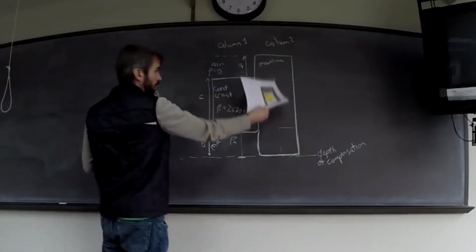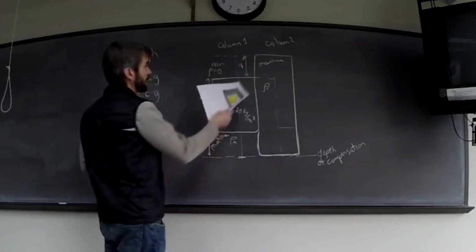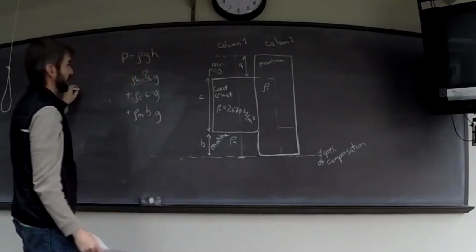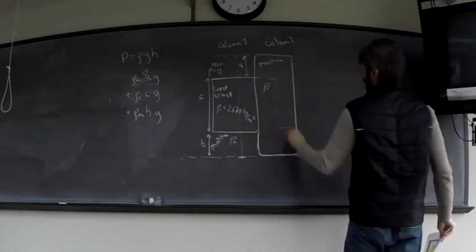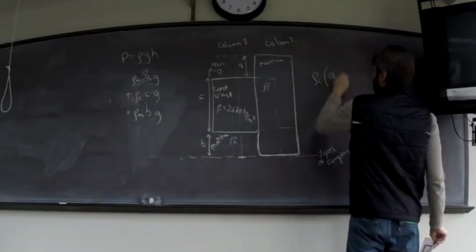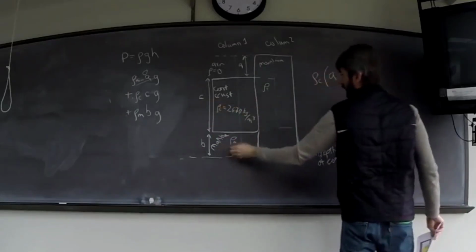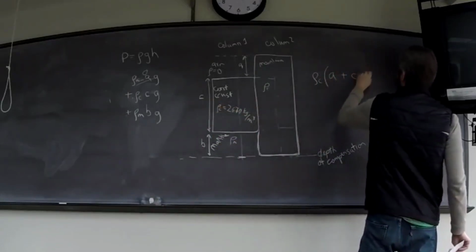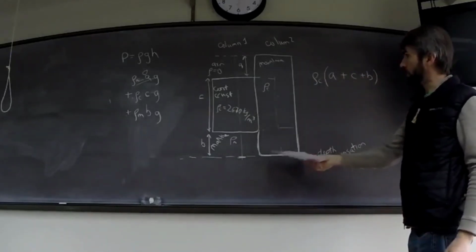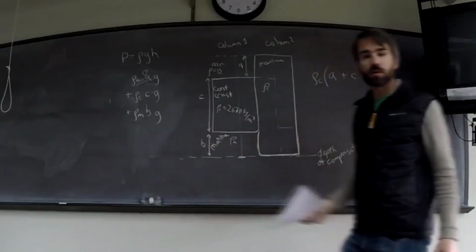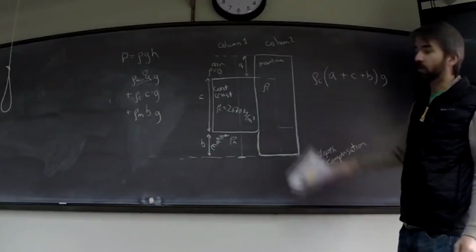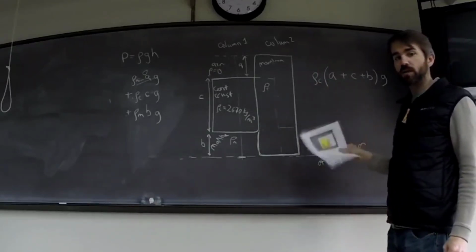Well, that is all one density, and its height is A, C, and B. So the weight of this column is rho C times A plus C plus B, times G. And now this gives us total pressure here, and we can set these two equal. And if there's one of these A, B, or C we don't know, we can solve for it.